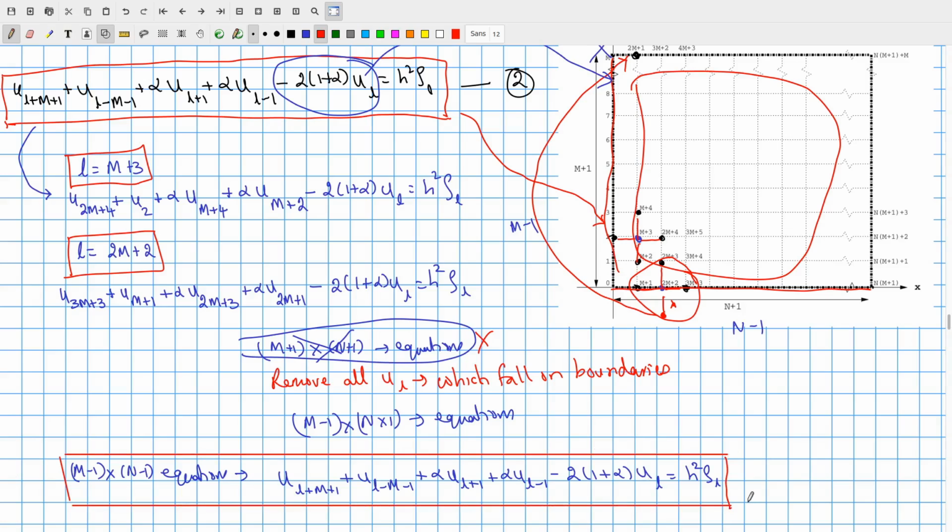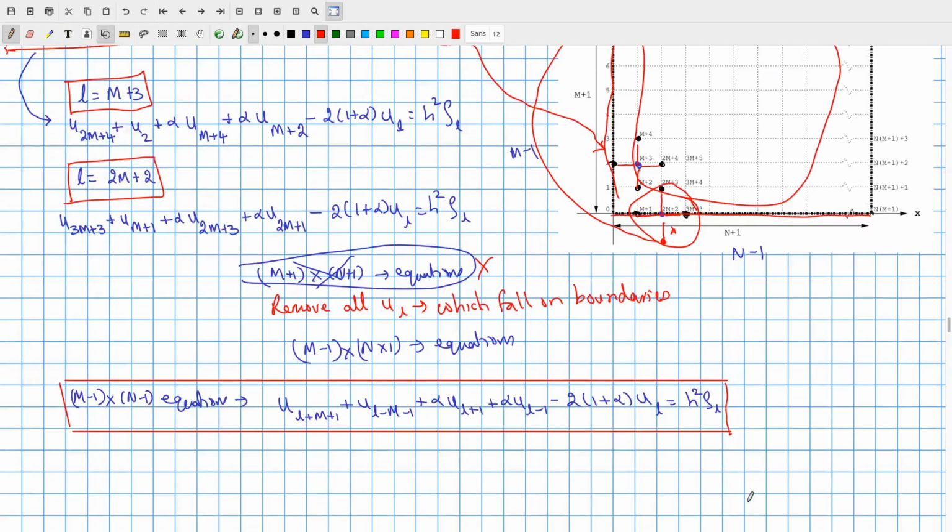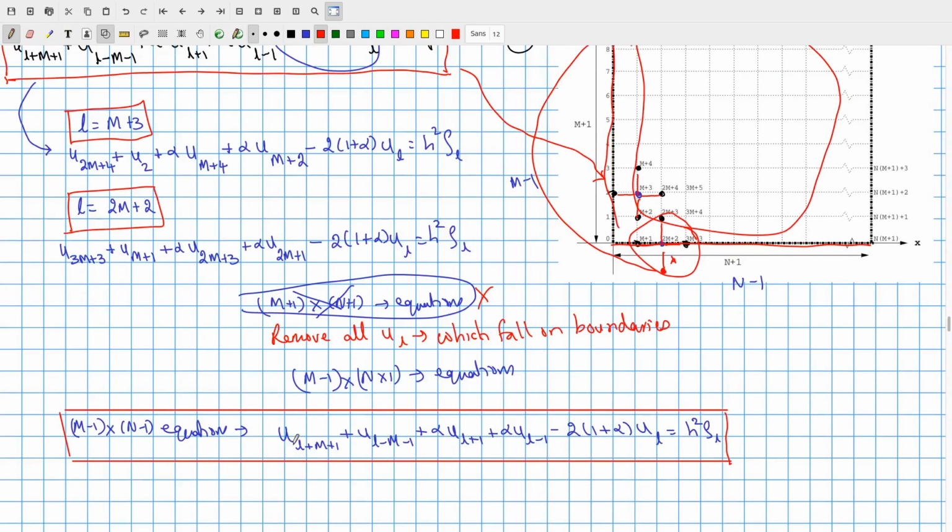This is the system of equations which we have to solve. Basically, we have to write down this equation for all L's falling into the intermediate regions, the interior regions. That's what you have to find out, the solution of these regions. So eventually we are going to get a system of m minus 1 into n minus 1 equations.